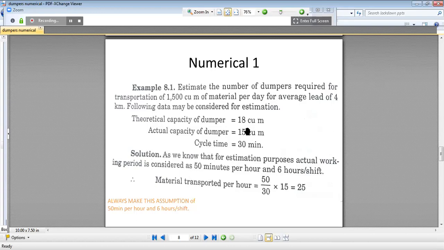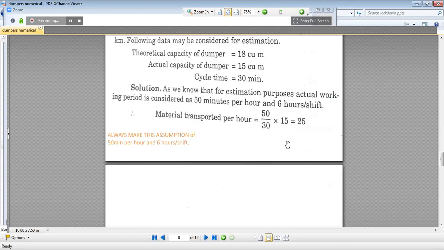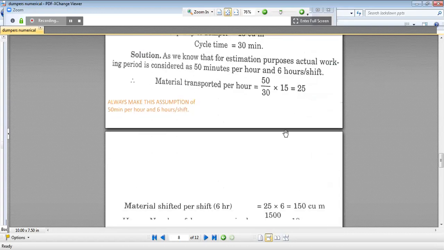It is the actual capacity, that is 15 cubic meter, right? So in 1 hour it is going to complete 5 by 3 cycles, around 1.667. So the total material transported is 50 by 30 into 15, that is 25 cubic meter. So 25 cubic meter is transported in 1 hour.